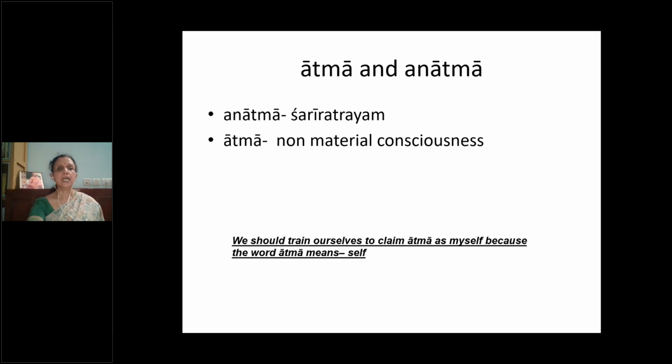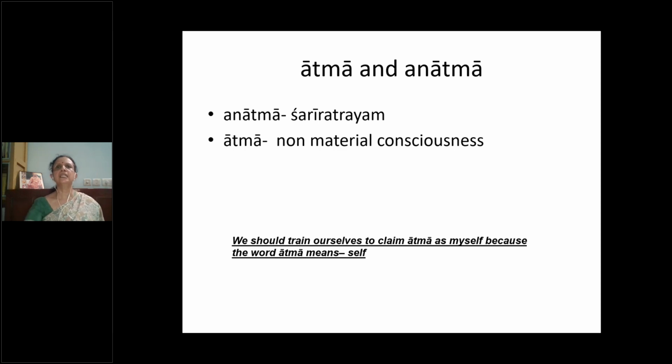Now, just quickly going through a few other important points. Since this non-material consciousness is called Atma, the material shariratrayam is called Anaatma. Not only the material shariratrayam is called Anaatma, we also refer to the world in general, family, possessions, profession, everything other than Atma, as Anaatma.